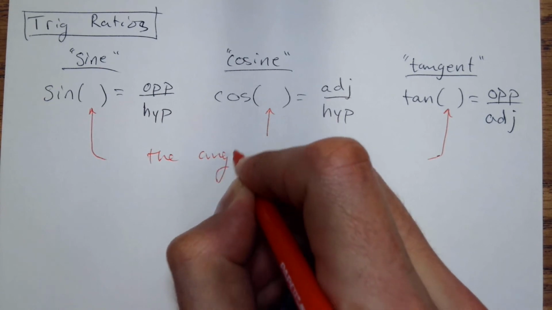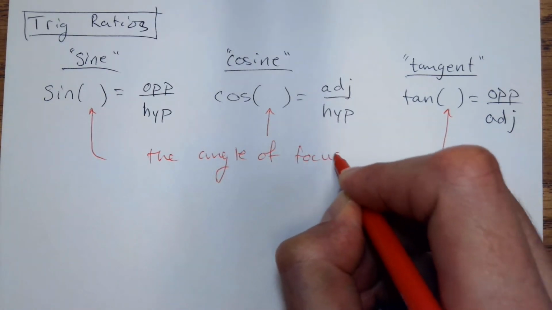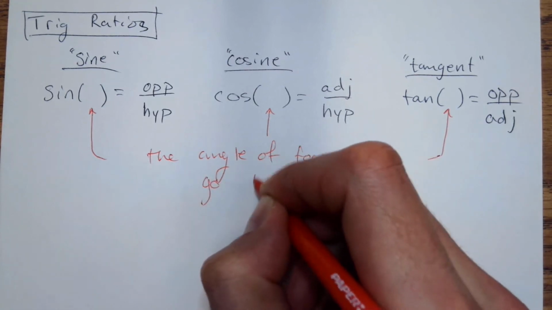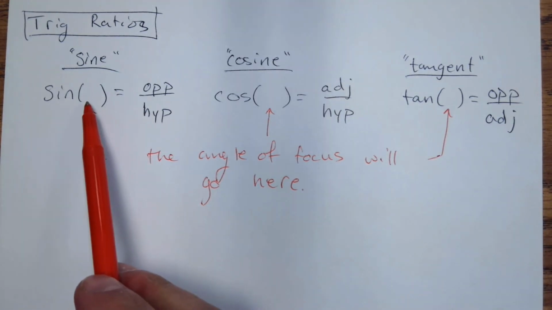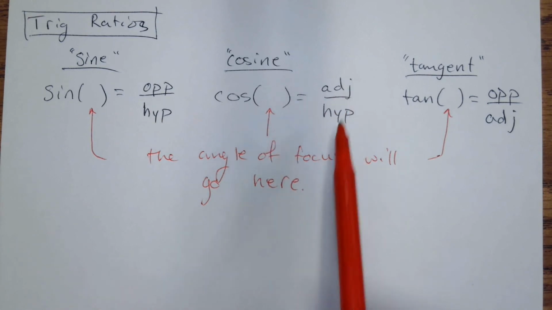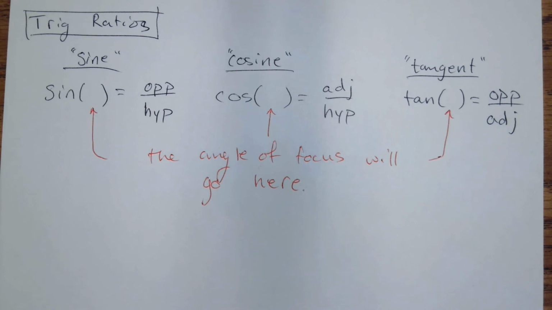The angle of focus will go here. So it'll be like sine of some angle, and then you can figure stuff out. Or cosine of some angle, and then you figure some stuff out. Eventually we'll be going backwards and figuring out angles as well, but for right now, this is what we're looking at.